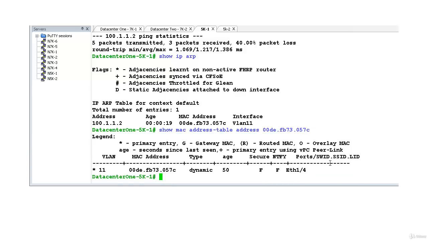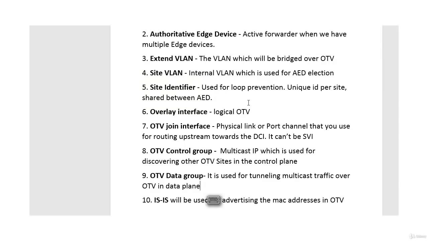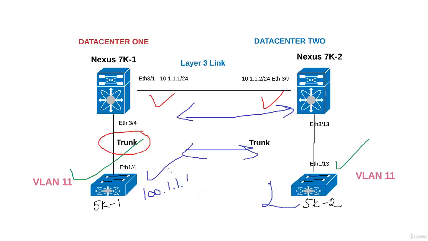Ideally, if the host whose MAC address you are checking is separated by layer 3, the entry doesn't come, right? But now it is coming, and it is saying it is learning via Ethernet 1/4 on 5K1.